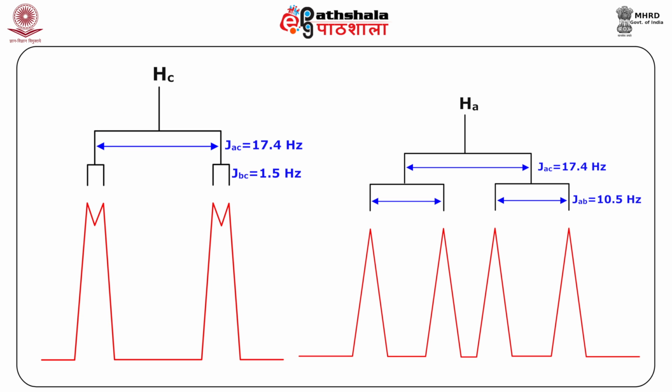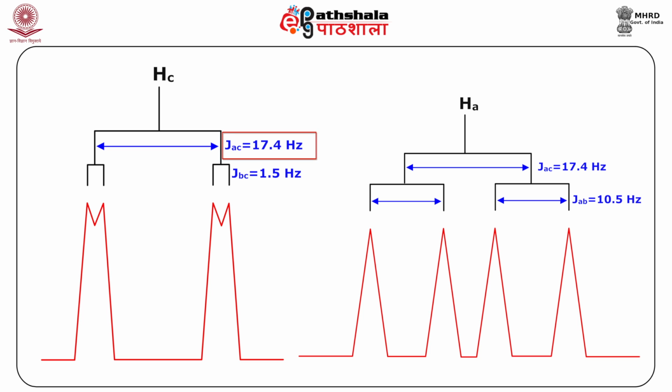HC is trans to HA across the double bond and splits the HC signal into a doublet with a coupling constant of 3JAC equal to 17.4 Hertz.